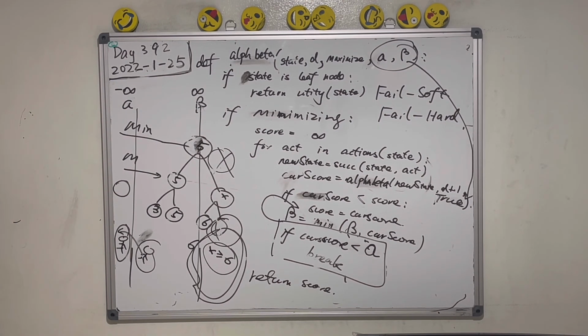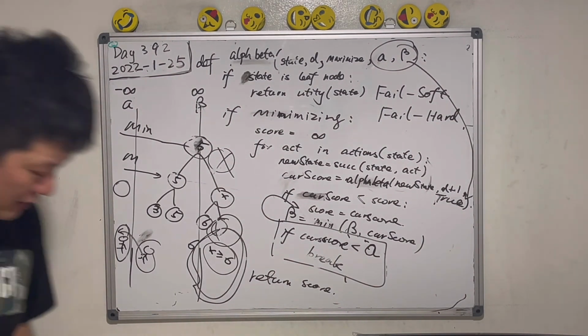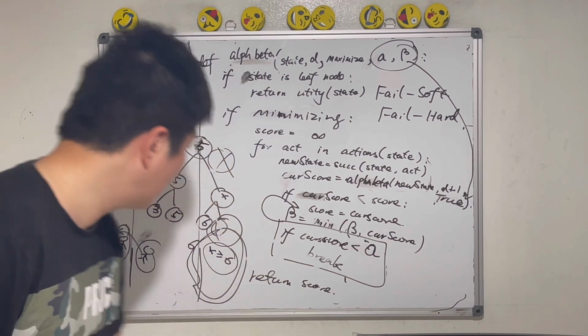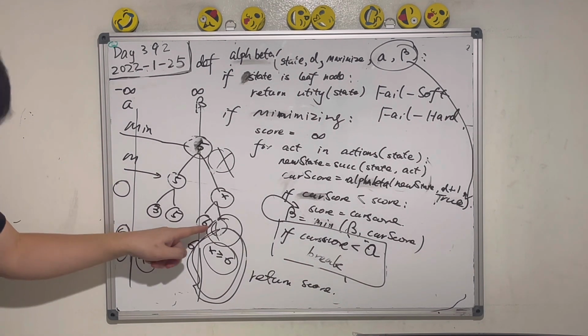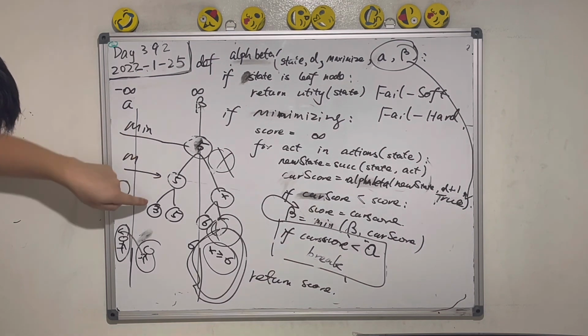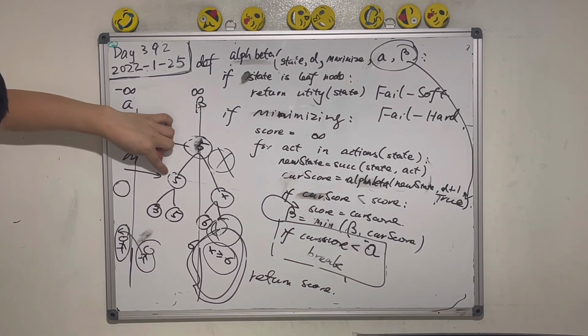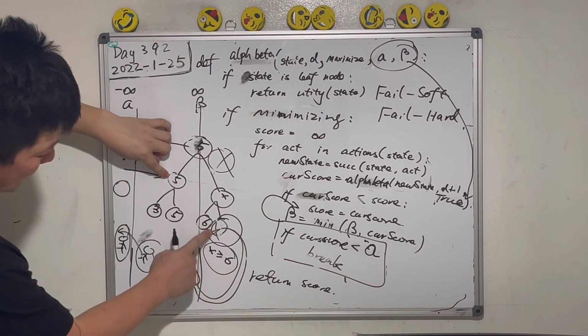Okay, so what have you learned today? What's the most important takeaway? Alpha-beta. Okay, can you explain to me about this? When you do the maximum of 3 and 5, that's 5.